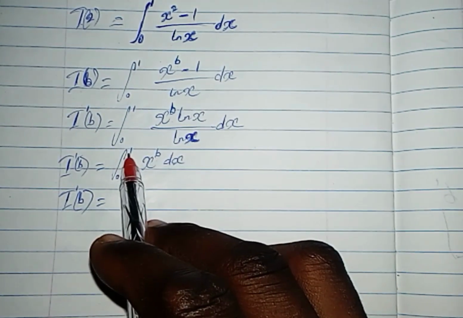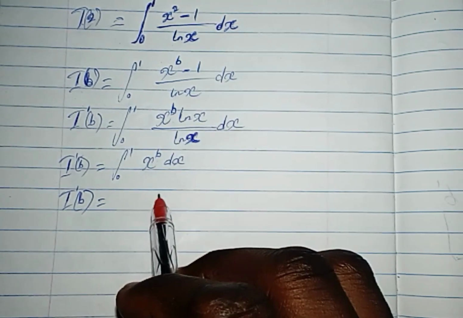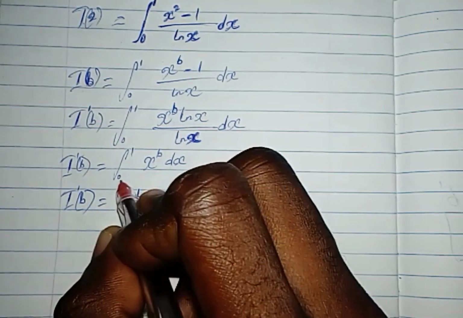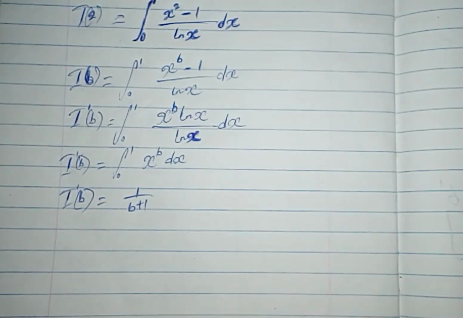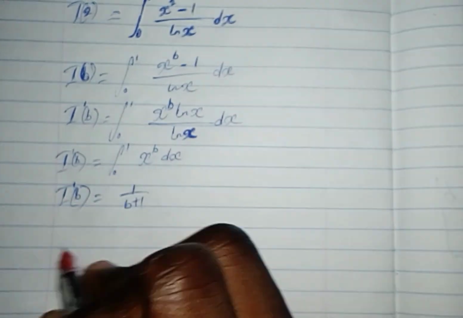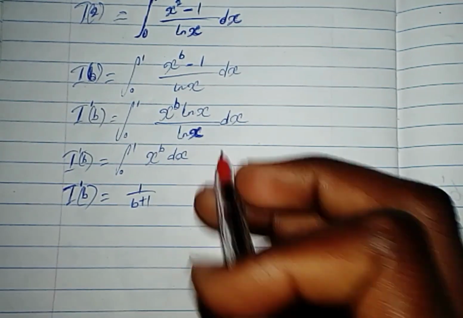Putting x as 1, we say 1 to the b plus 1 over b plus 1, and that is just 1 over b plus 1. Putting x as 0, the other one becomes 0. So our I prime of b then becomes 1 over b plus 1.